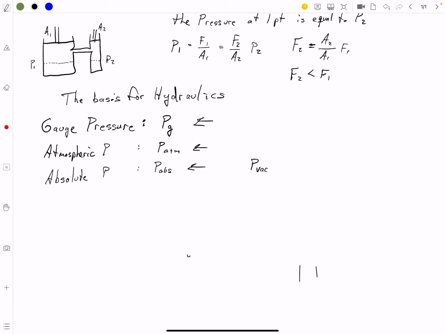In a vacuum, P vacuum has no pressure. There's nothing there to push on anything else. So no pressure. You don't want to live in a vacuum, however. You need to have a little pressure in your life. But P absolute in that situation is 0.